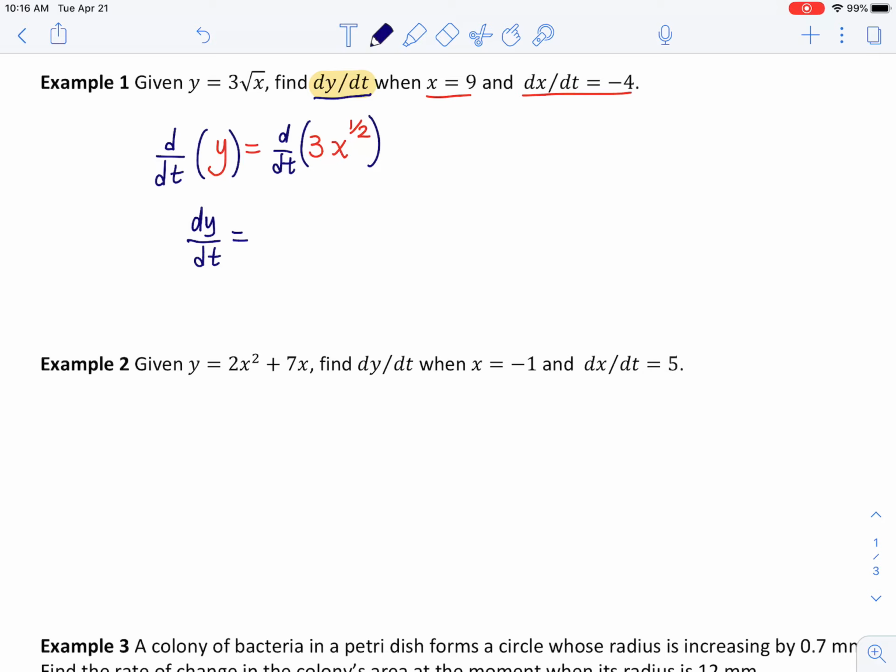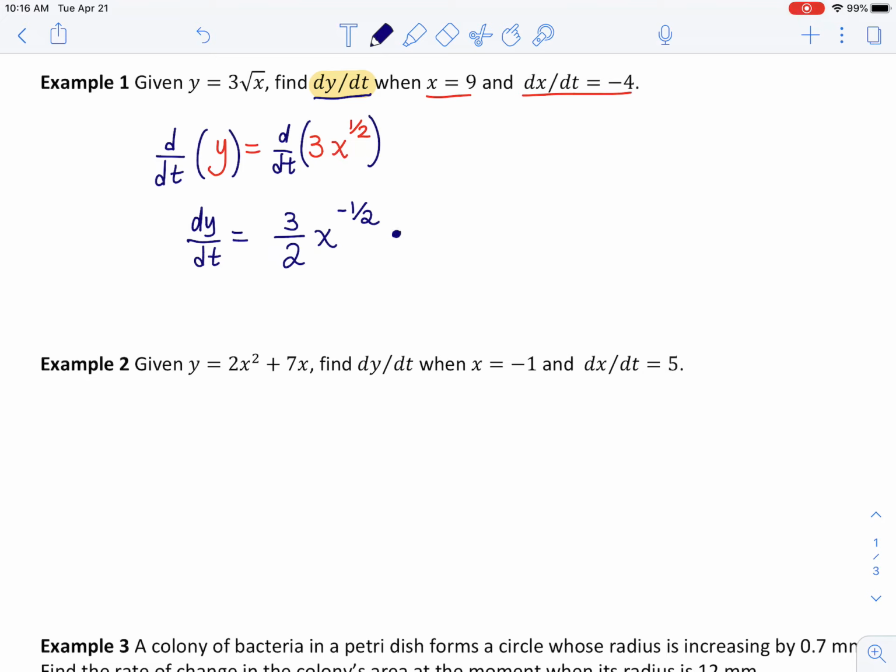Why am I doing that? Because if I do that, take a look. What do I have on the left side? I have dy/dt right there. And on the right side, we're going to take implicit differentiation, which you learned last week. You guys did an amazing job on that 3.8 daily problem, so I know you got it, and you completed that homework too, so thank you for that. Let's take the derivative of 3x to the 1/2 power with respect to t.